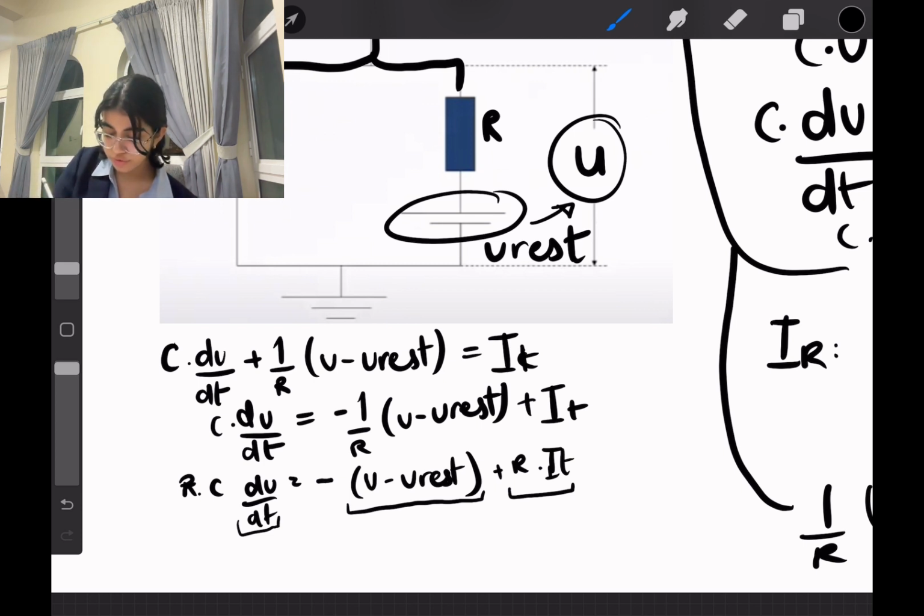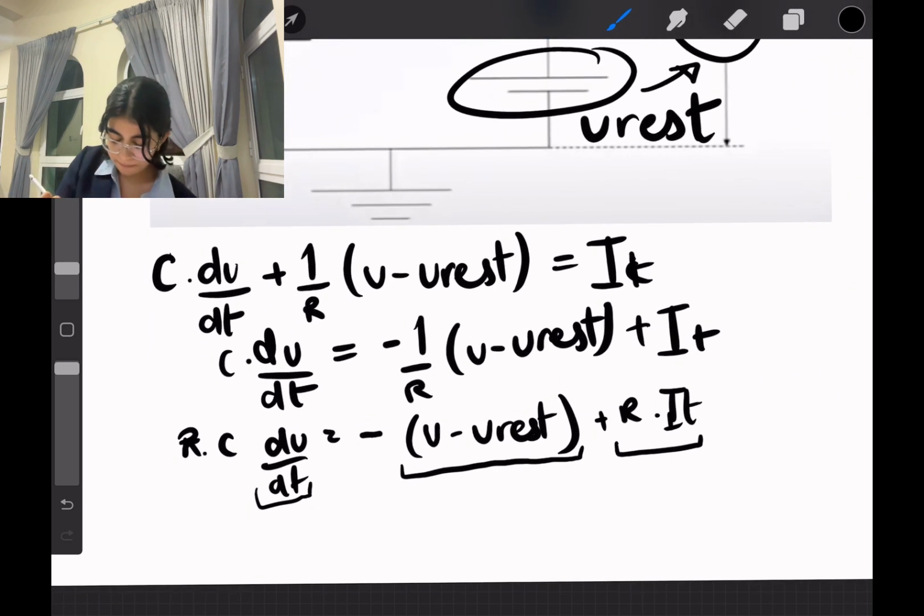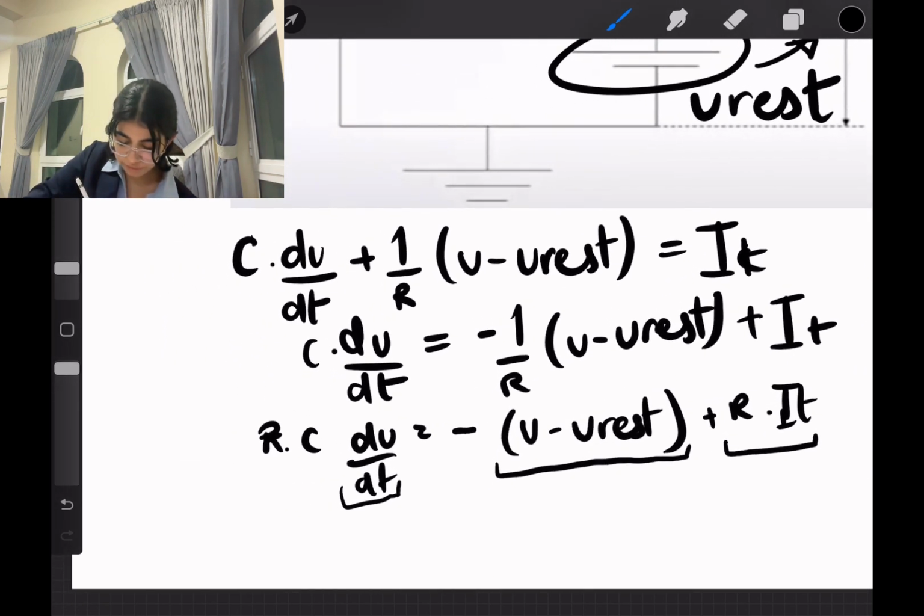So for all three of these, the units would be volts. So for RC, this would convert into tau, as that is the time constant of this RC circuit.